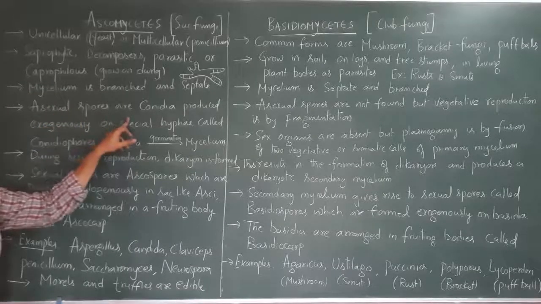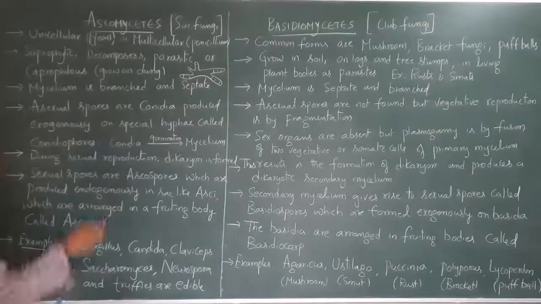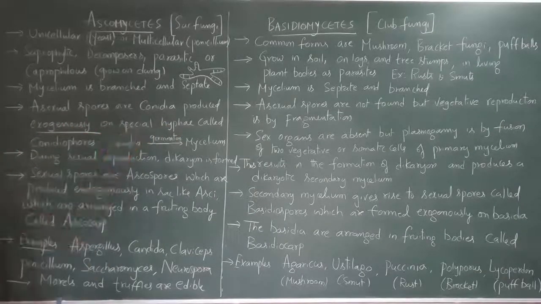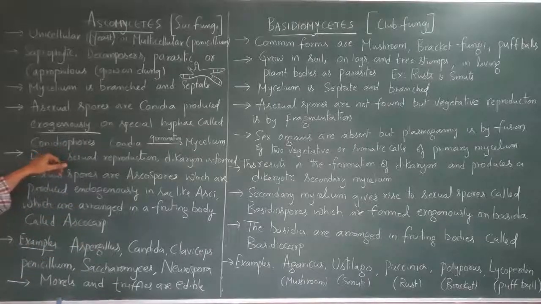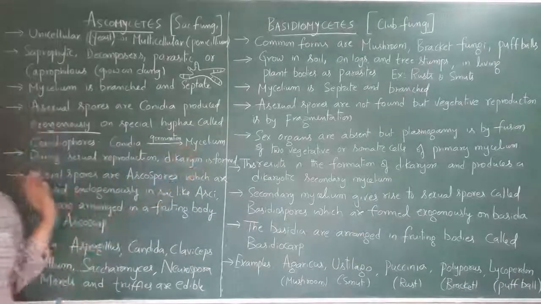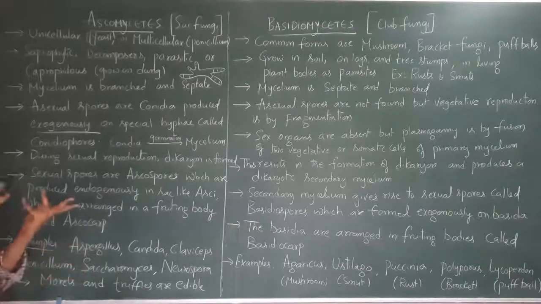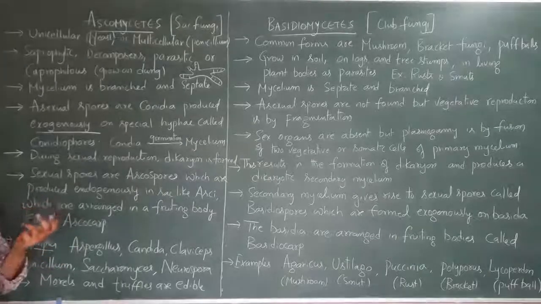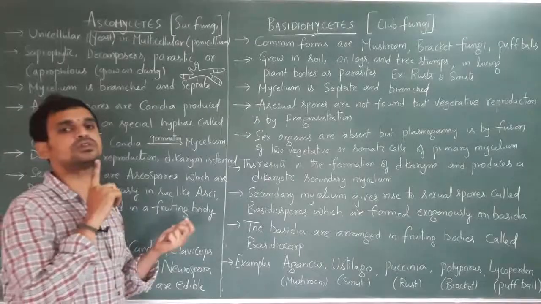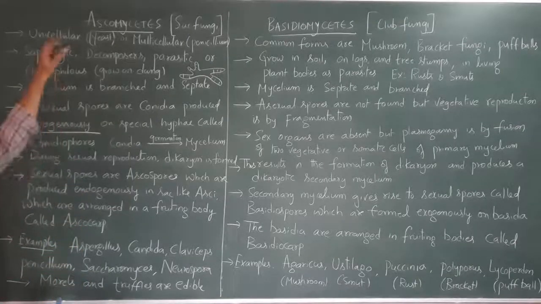Now, asexual spores are called conidiospores, which are produced exogenously on special hyphae called conidiophores. So that conidia on germination gives rise to mycelium. Here you should remember, we already discussed different types of spores: aplanospores, zoospores, conidiospores, sporangiospores. These are all asexual spores.